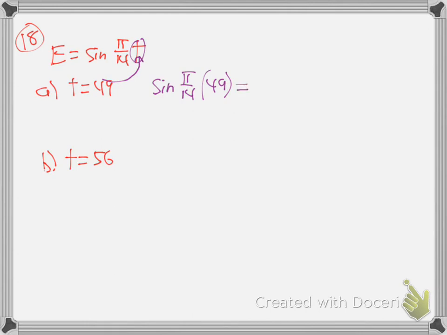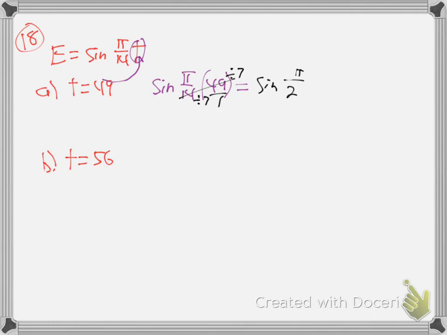All you got to do is plug into that formula. And what will that equal? Well, I would reduce that right there. Remember, when a whole number is interacting with a fraction, put it over 1. Well, what goes into 14 and 49? 7. Yeah, divide them both by 7. That would leave sine of 7 pi over 2. Right, good.